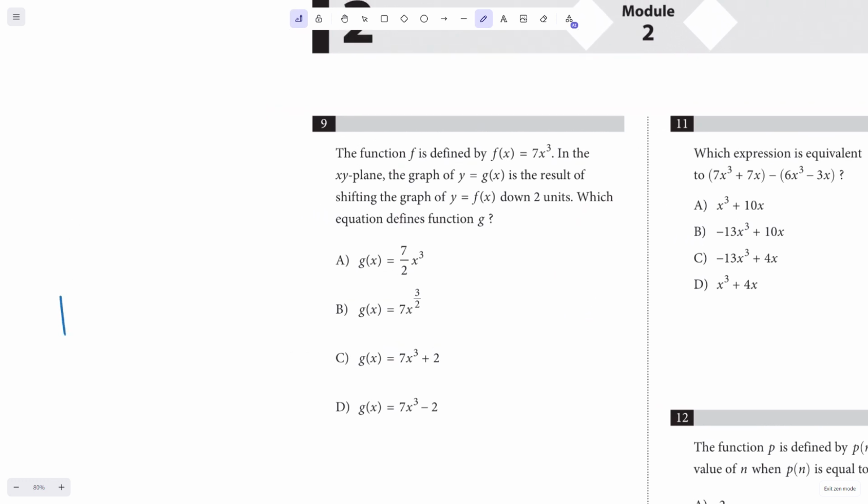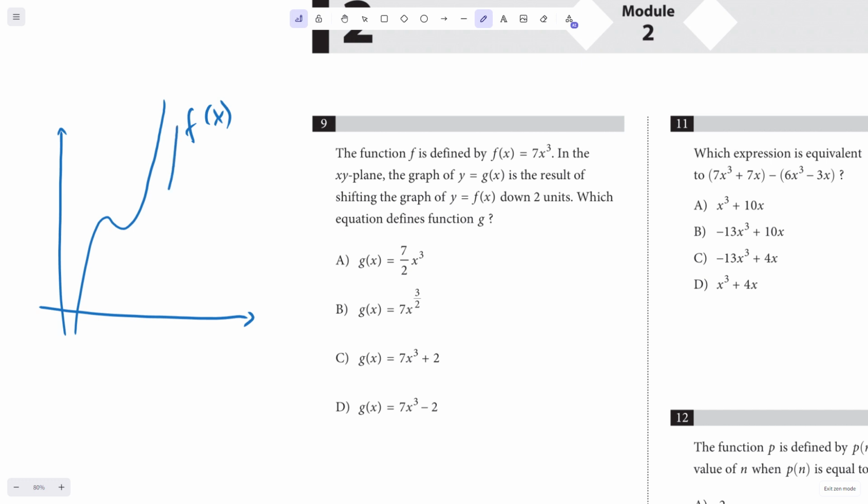Alright, again, let's draw the xy plane. And it's a 7x cubed, that's some cubic function. Let's draw something similar to it right here. And so this is the function f of x. Now g of x is the result of sliding this function down by 2 units.